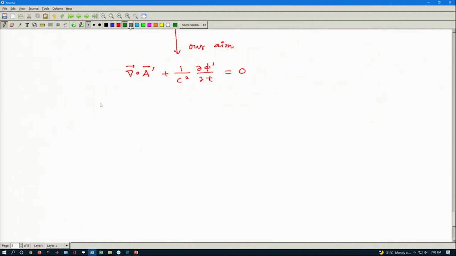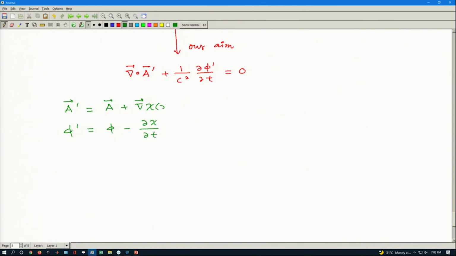Now, we know that A prime can always be written as the given A plus the gradient of the gauge function, this chi is our gauge function, and phi prime I can write as phi minus del chi del t.